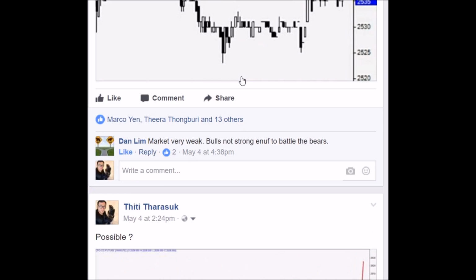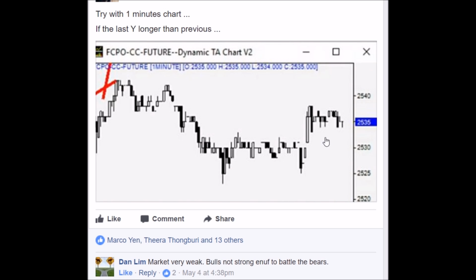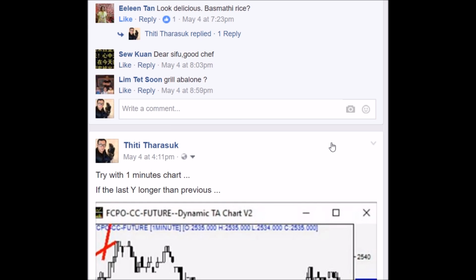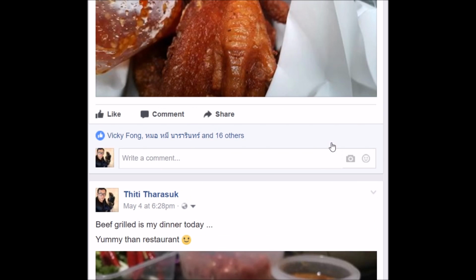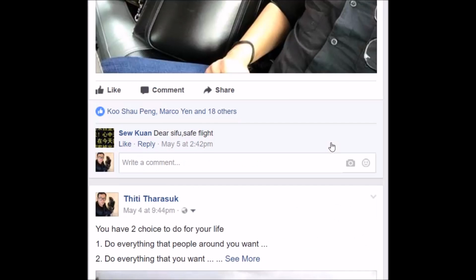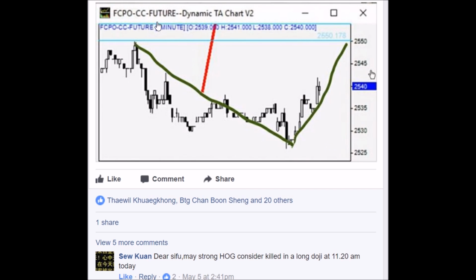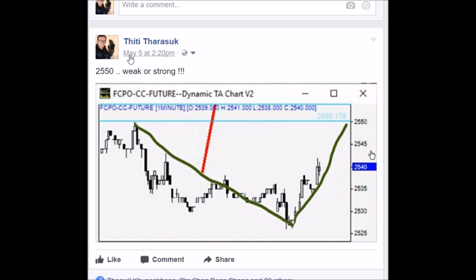Compared with the previous picture, after we posted the previous one, price moved around 2,530, so price moved up a bit when we posted. After that, we planned to enter and went to the CPO chart. In this case, it's the 5th of May, the next day, at around 2 p.m.